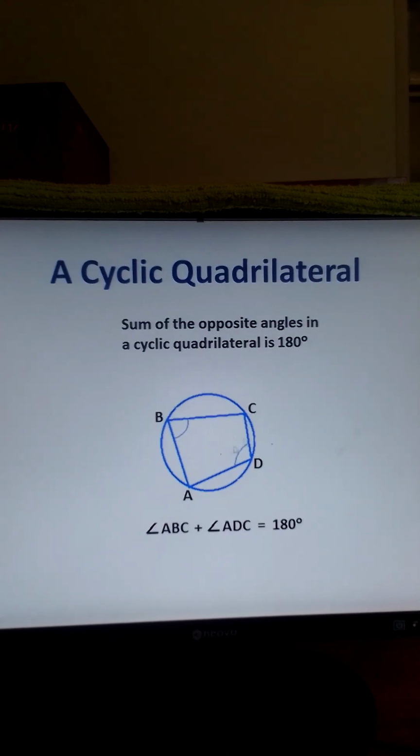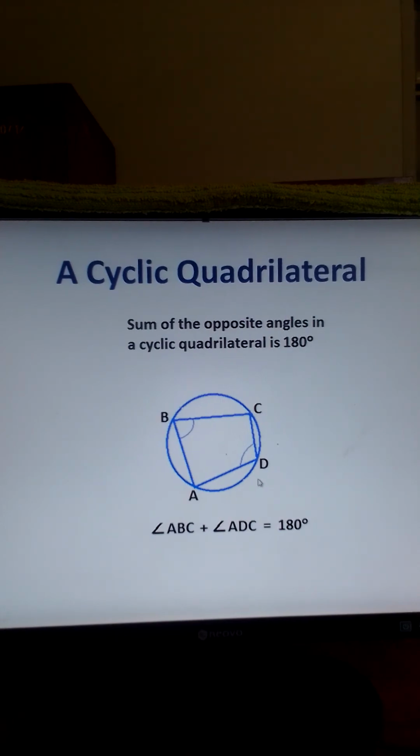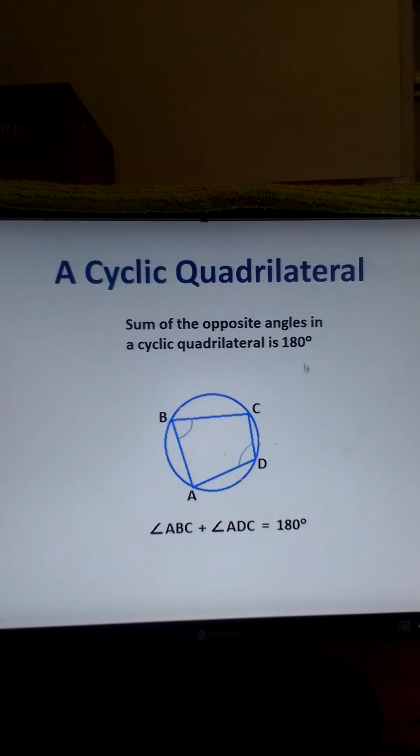Then we have a cyclic quadrilateral. That is a quadrilateral that is inscribed in a circle. So we have this circle and this quadrilateral ABCD. This theorem says that the sum of the opposite angles in a cyclic quadrilateral is 180 degrees.